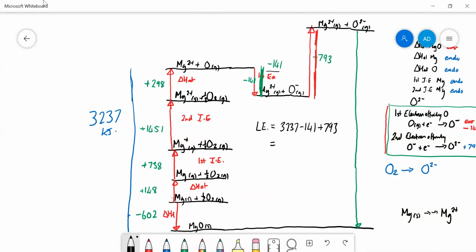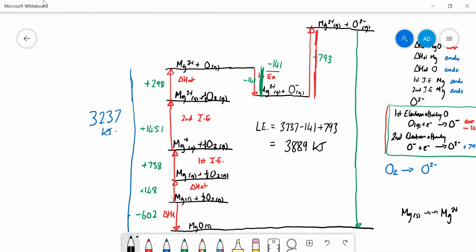Put all that in, you get a whopping 3889 kilojoules. It's a very big lattice enthalpy.